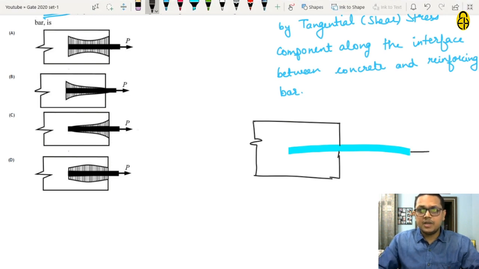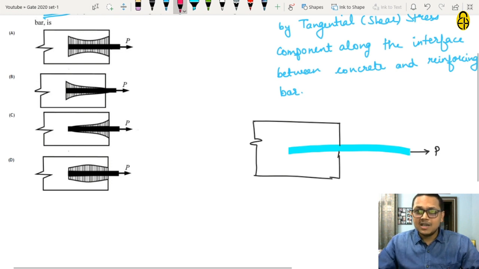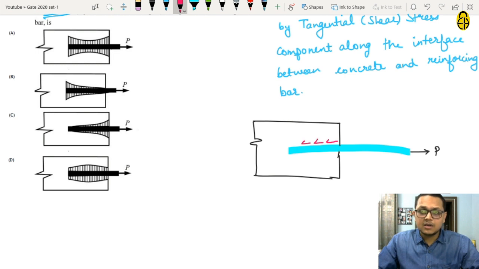Now a load P, a tensile force P, is applied to the bar. Now this bond resistance is a tangential shear stress component which acts along the interface between the concrete and the reinforcement bar, that is, along the surface of the steel which comes in contact with the concrete.